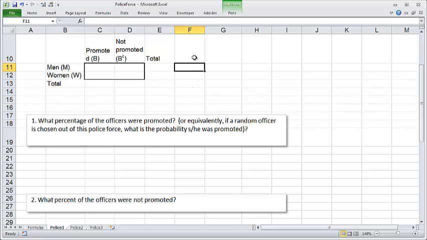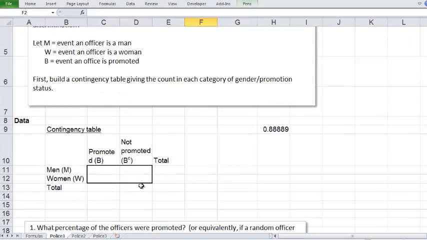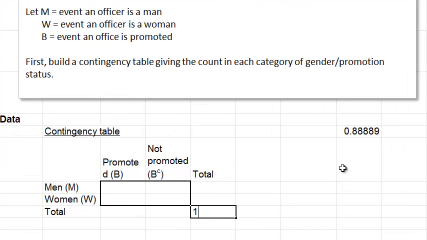So let's take a look here. Here are the numbers. Total number of officers is 1,200, and then 960 men and 240 women. So overall total is 1,200, and 960 men and 240 women.